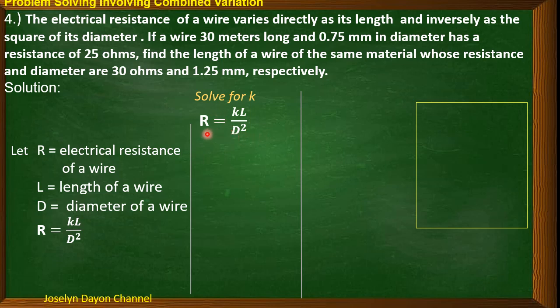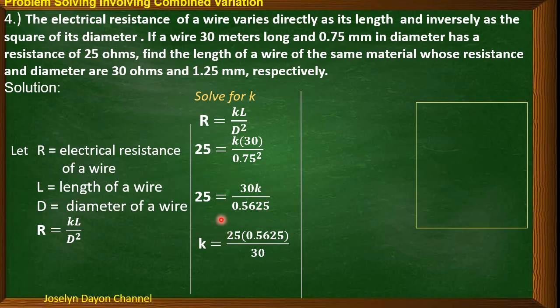Substitute. Our resistance is, we have here 25. The length of the wire is 30. And the diameter is 75 hundredths. We have here. Simplify. So we have 25 equals 30K over 0.75 times 0.75, that is 0.5625. To solve for K, we have to multiply 25 times 0.5625 divided by 30.